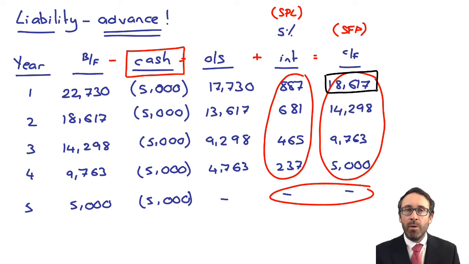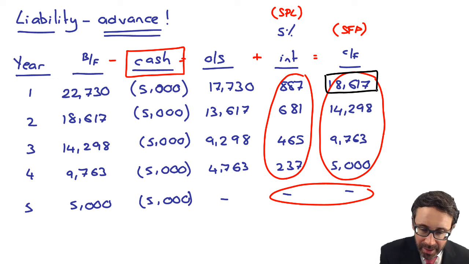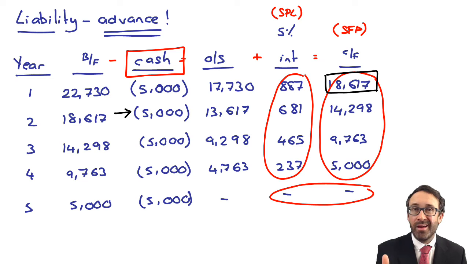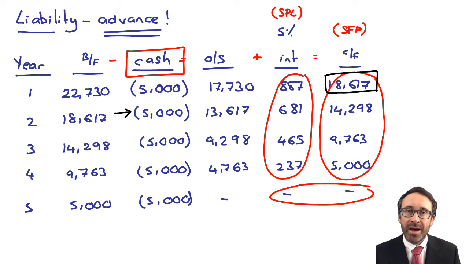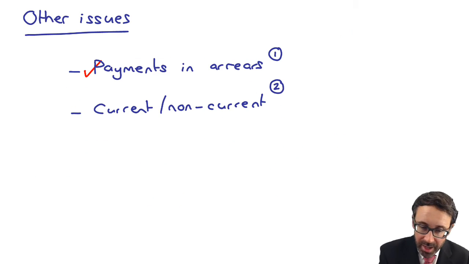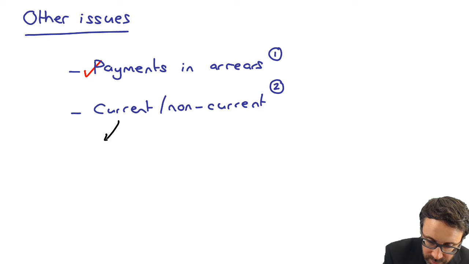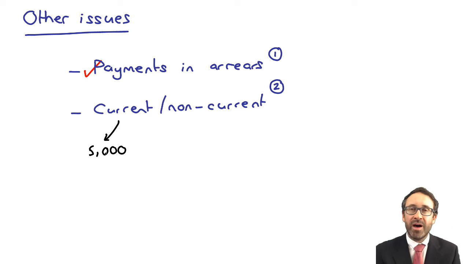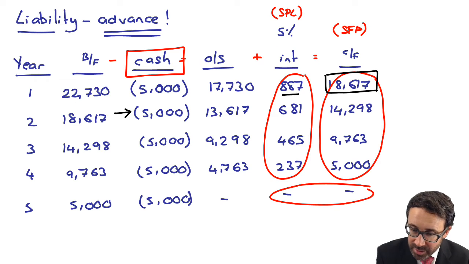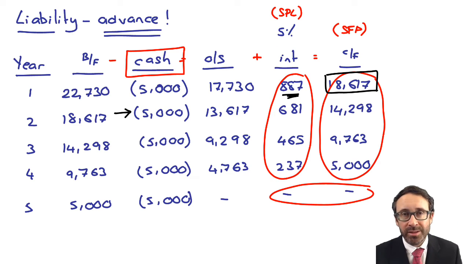The first thing that happens is that we pay 5,000, and that 5,000 is going to pay off entirely 5,000 of that 18,617. So the current amount is 5,000, because it's paying off effectively this interest that has already been accrued, hasn't it?